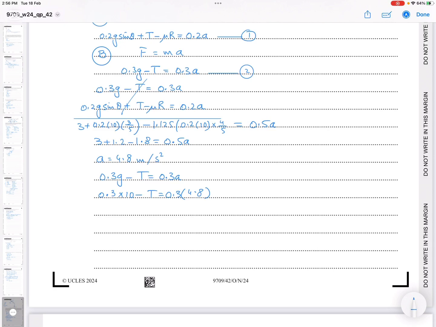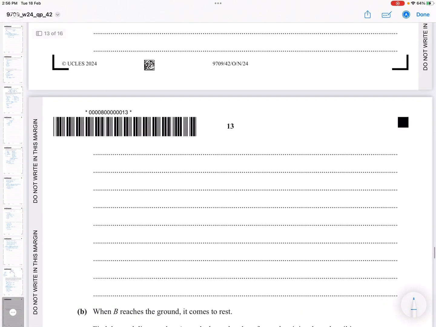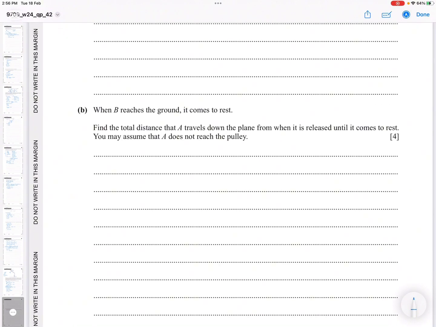So our tension from here is 1.56 Newton. In part B, when B reaches the ground, it comes to rest. Find the total distance that A travels down the plane from when it is released until it comes to rest. You may assume that A does not reach the pulley.